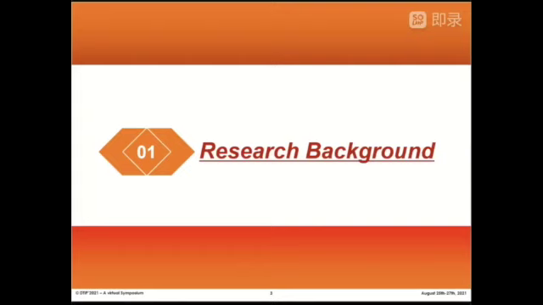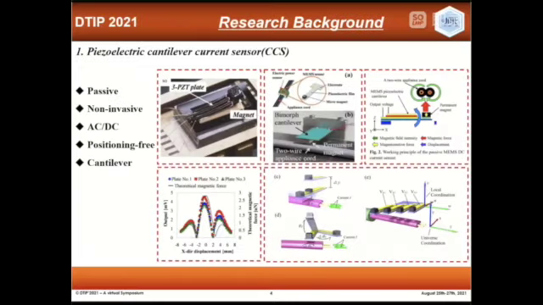Section 1, Research Background. Our team put forward the concept of the cantilever current sensor, CCS, and did a lot of work in the direction of cantilever current detection. The first is a piezoelectric cantilever current sensor with passive, non-invasive and processing-free operation.